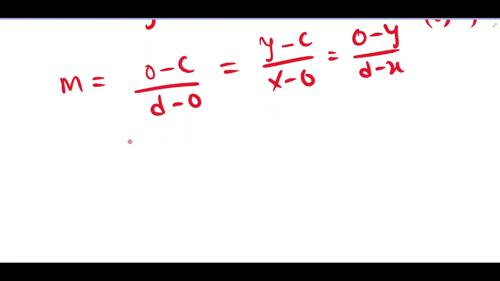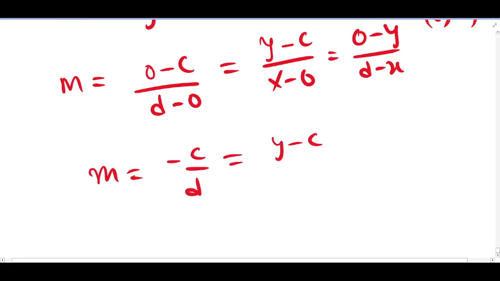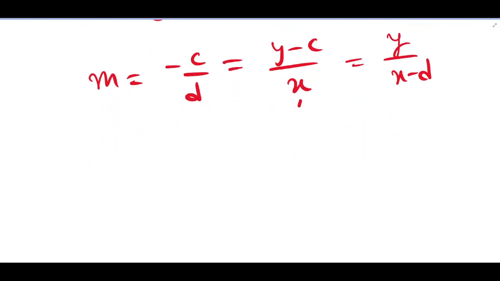So m is equal to minus c by d, which is equal to (y minus c) divided by x, or equal to y divided by (x minus d). So we can take any of these forms and equate with the slope.